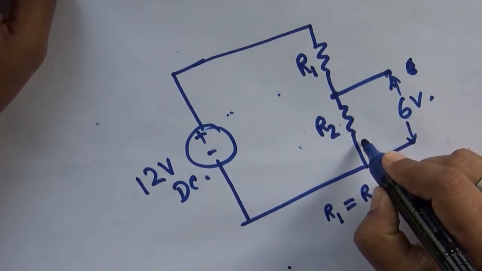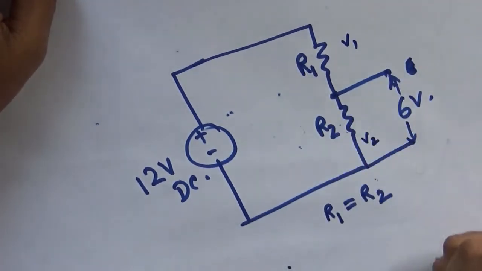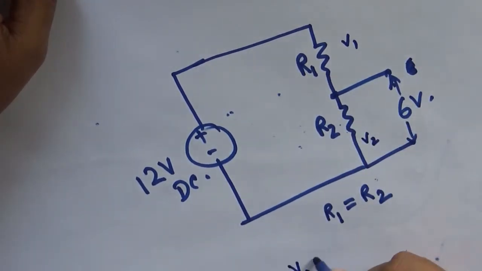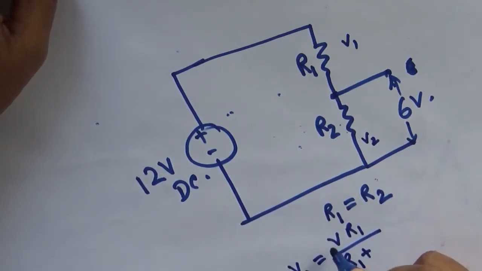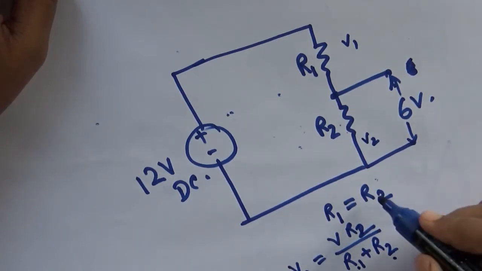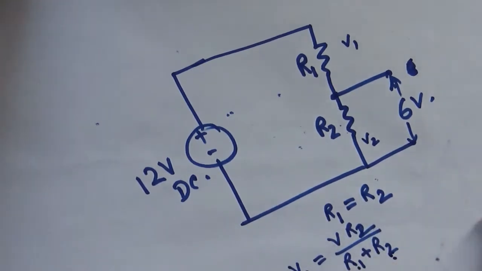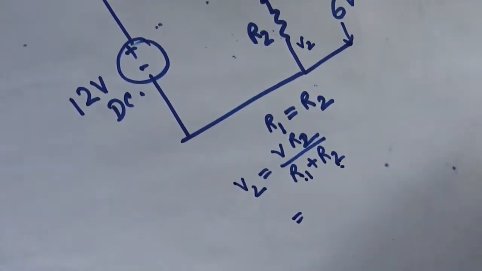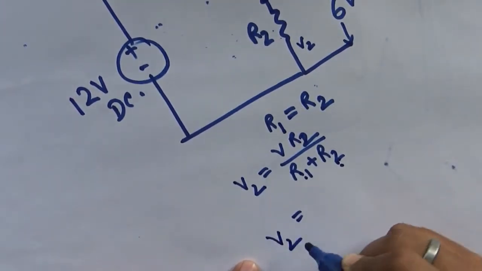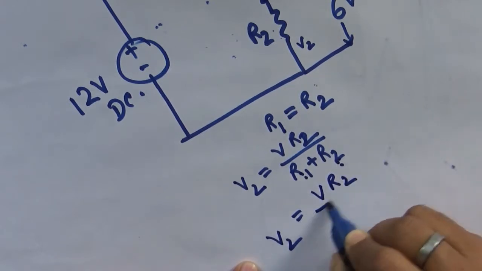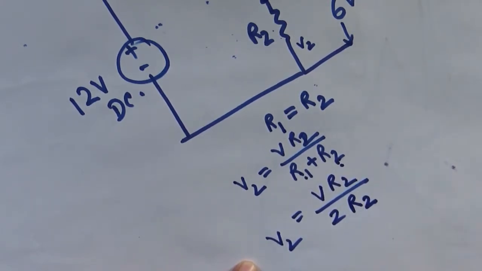We know V2 is equal to V times R2 by R1 plus R2. And if R1 is equal to R2, then it can be represented as V2 is equal to V times R2 by 2 R2.